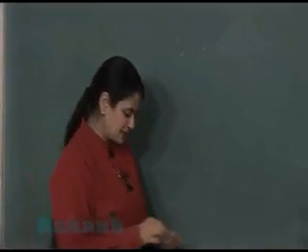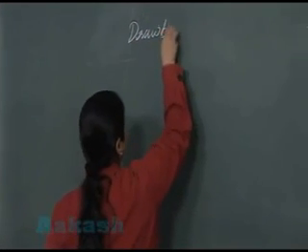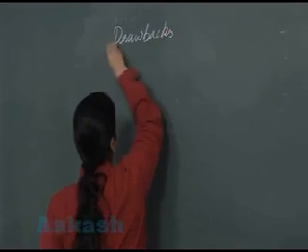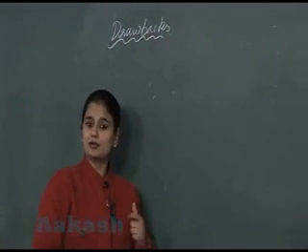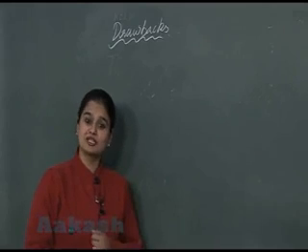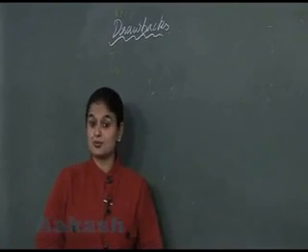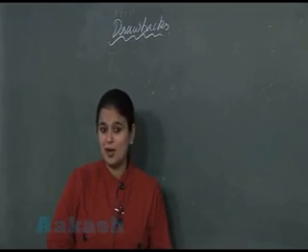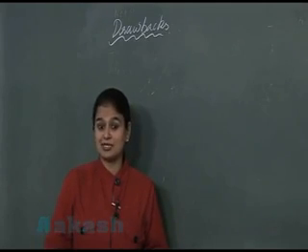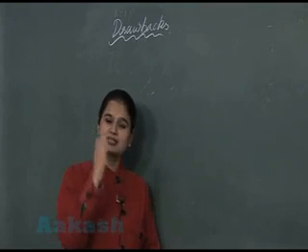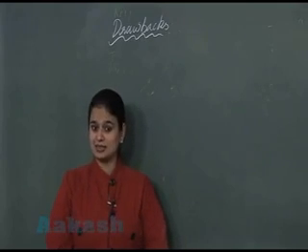Let's write the drawbacks now. In good majority of plants, sexual reproduction is absent. The only means of reproduction which is present is asexual. If in these plants sexual reproduction is absent, it means the concept of reproductive isolation cannot be applied here.